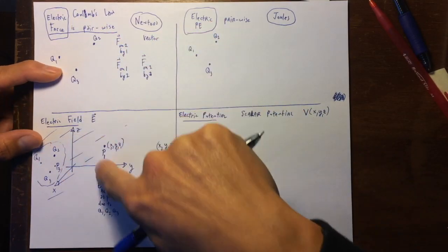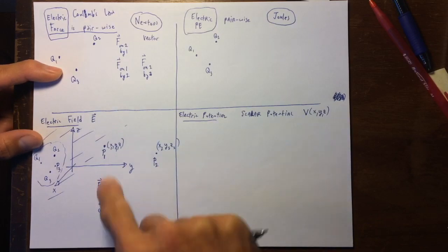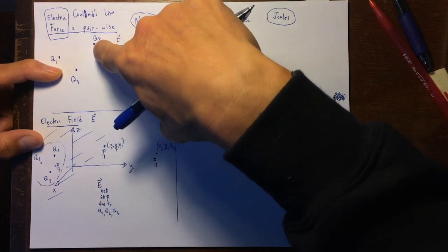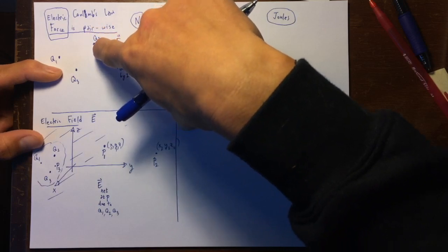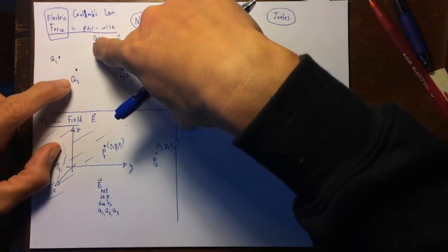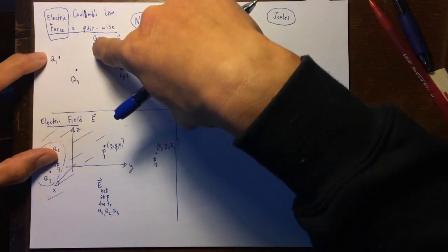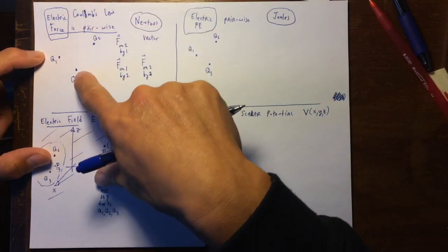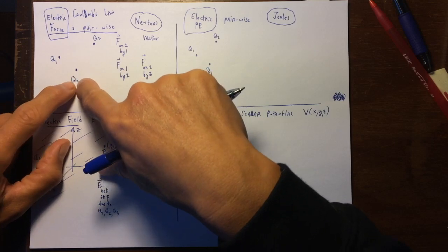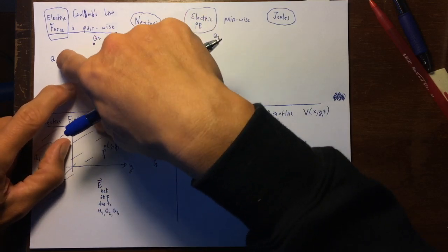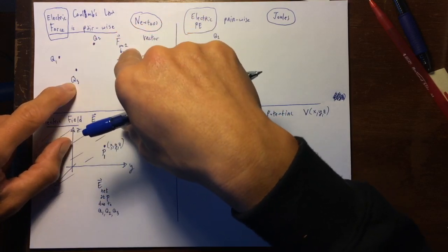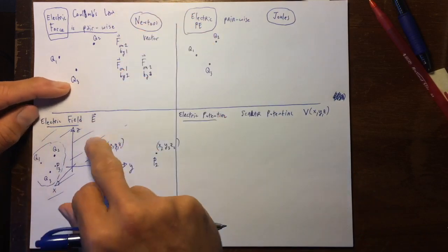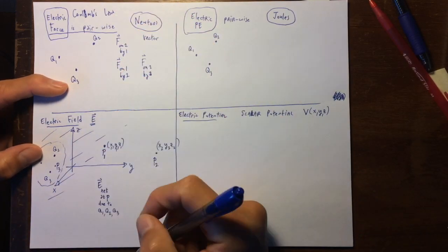Down here, the net electric field is due to all 3. Up here, if I want to understand the force on number 2, then I think about the electric field of 1 and the electric field of 3 combining with the superposition principle. Or I think about the forces on 3. So 3 feels the field of 2 and the field of 1 in a superposition way, for example. So this is the idea of electric field.